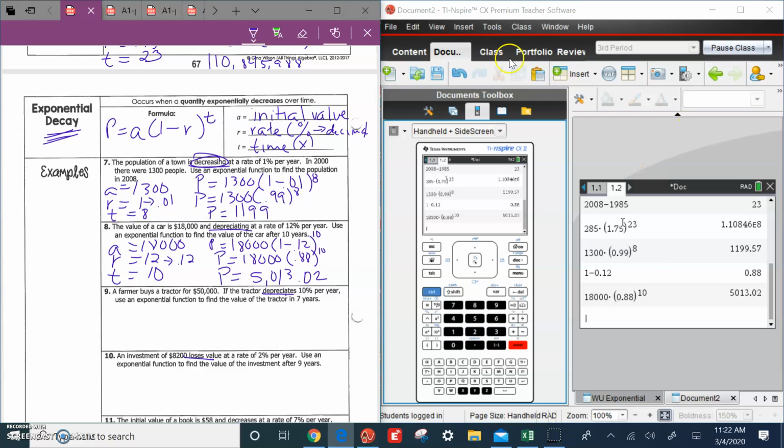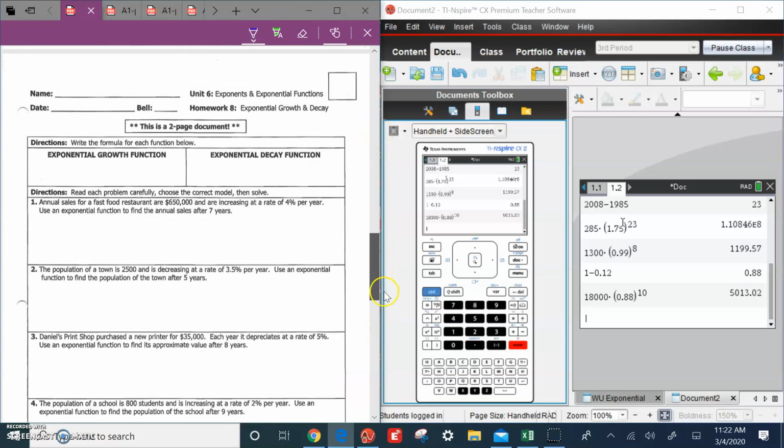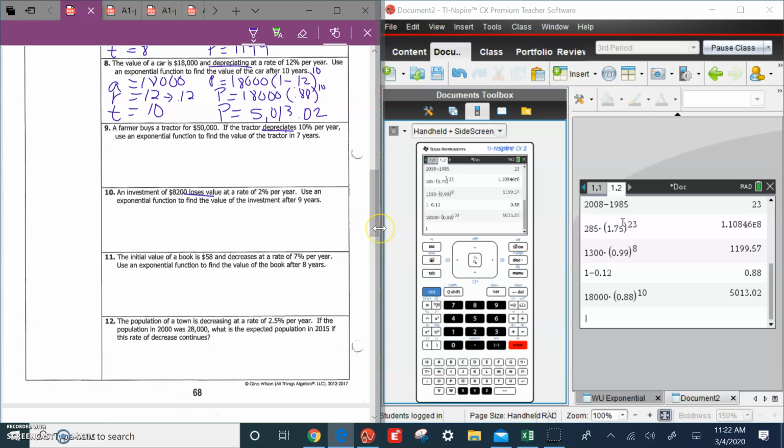Let's see if I have time to do one more before it cuts me off. Wait, went too far. Oh, there it is. All right, number 9, A, we're starting with a tractor worth $50,000. R, it's depreciating by 10%, so 0.10 every year. And we want to know what will be the value in 7 years. So P equals 50,000. Then 1 minus 0.10 raised to the 7.